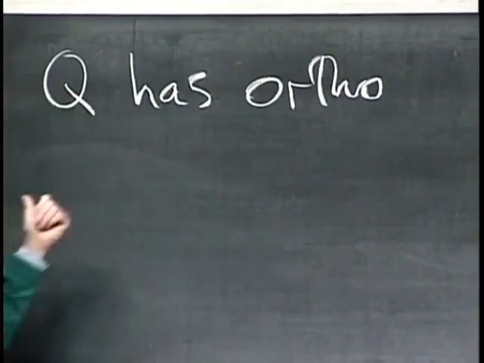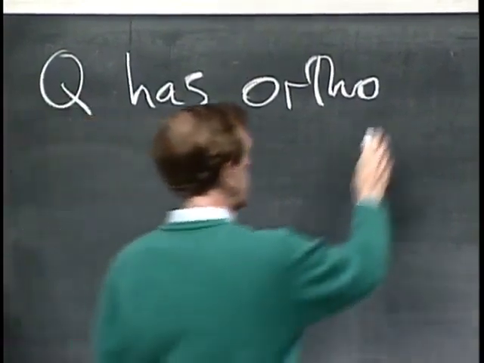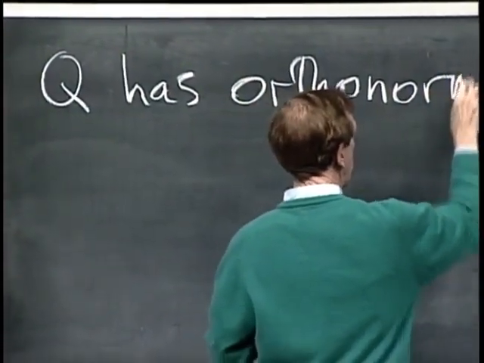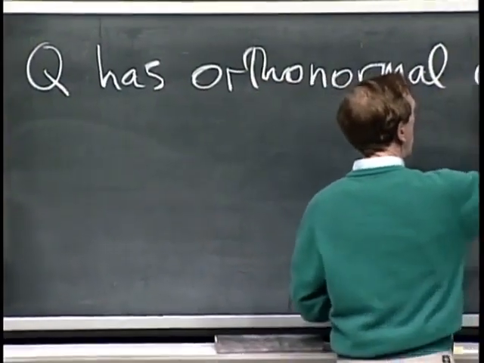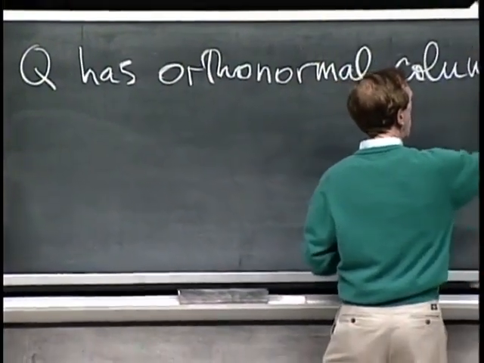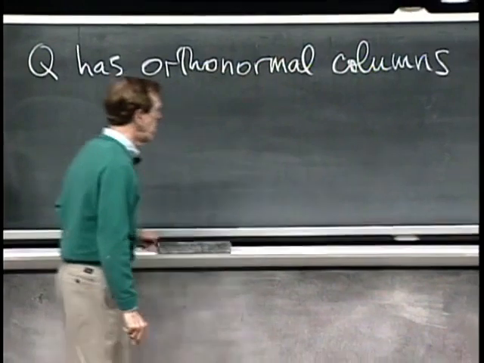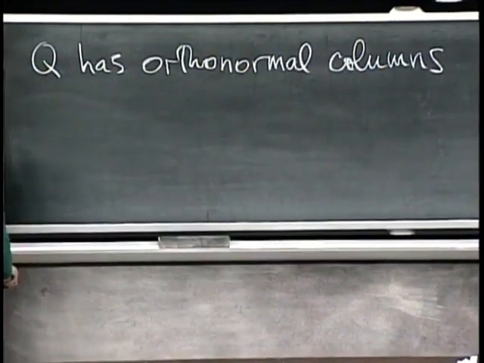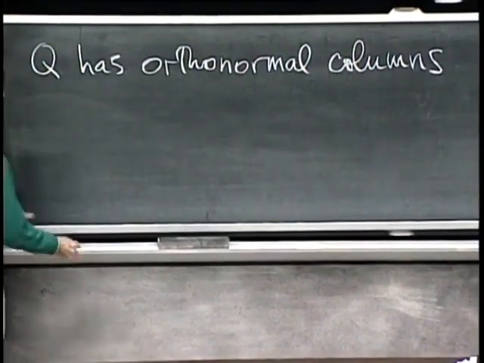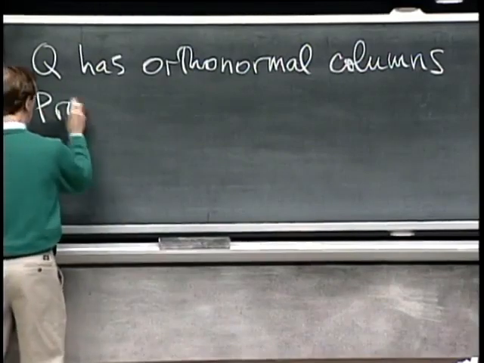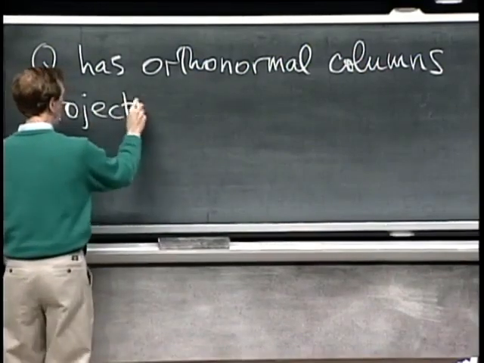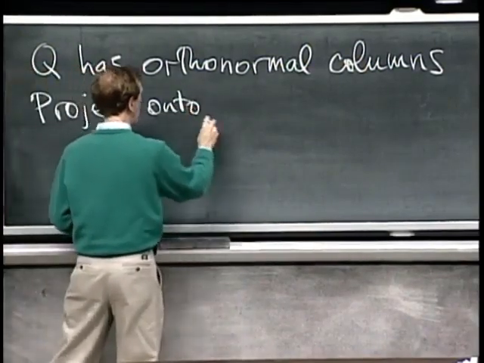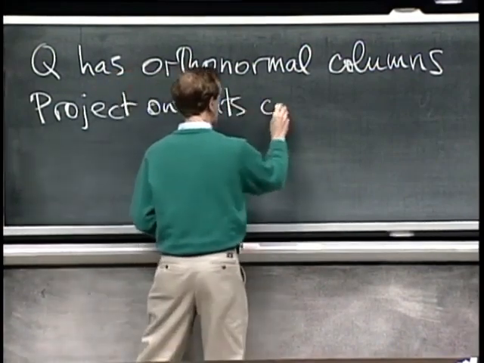I'm using the letter Q to mean this. I'll write it one more time, but when I write a Q, I always mean that it has orthonormal columns. So suppose I want to project onto its column space.